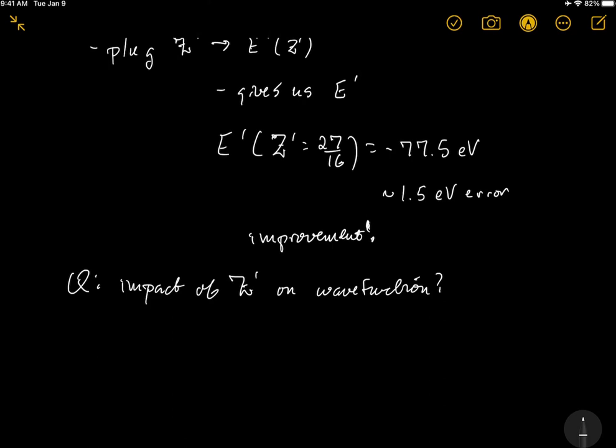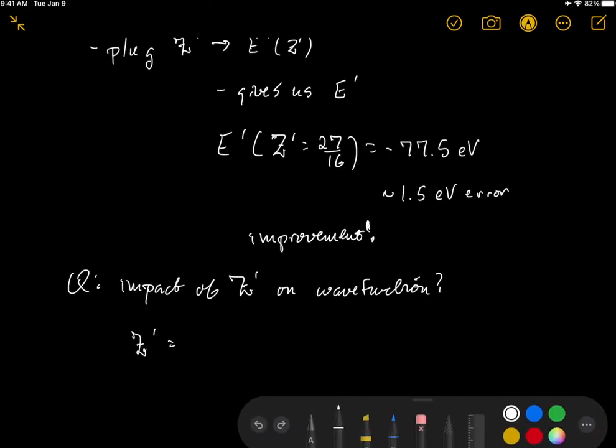Well, we know that in our prior result, Z prime essentially was for the case of Z equals 2. That was our initial guess before we introduced the variational parameter Z prime.